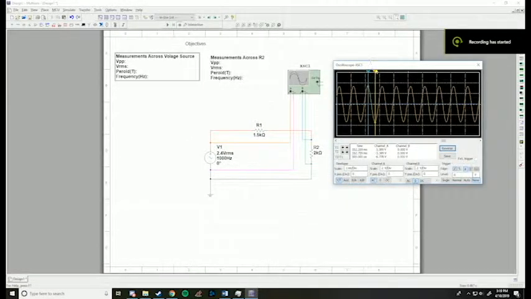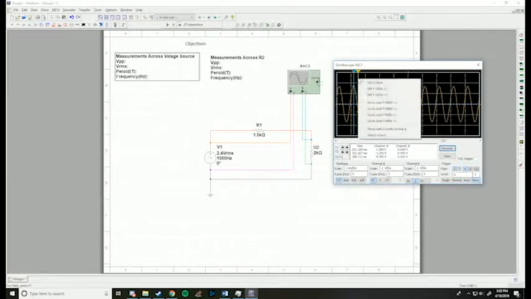Now to get started on our objectives, we're going to measure voltage peak to peak, and that is done by using these little sliders. So you slide it to the top, and then to one peak, and then to the next peak. And that gives us a rough estimate, but we want to be exact. So we're going to get these to snap by right-clicking them. Go to next Y max.